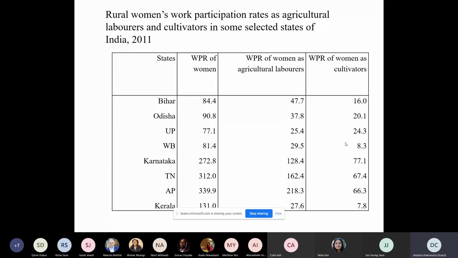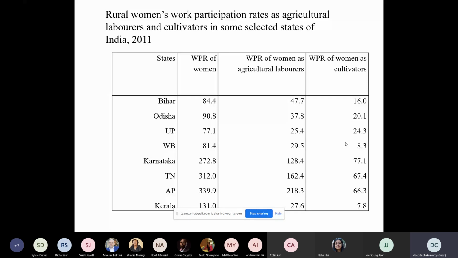So the argument is basically this, which I'm going to again try to substantiate with some more data a little later. But before entering into that, let me try to quickly summarize what I'm trying to say.